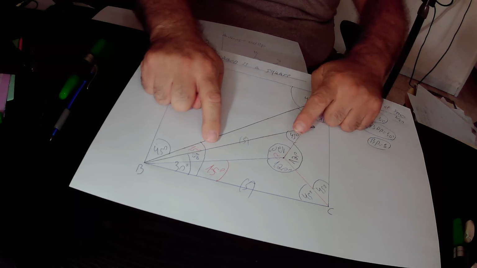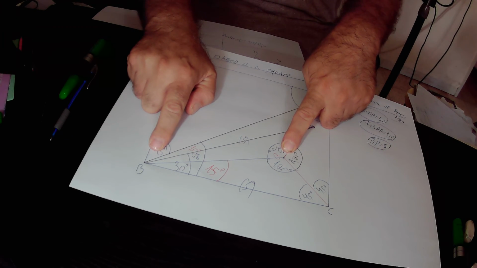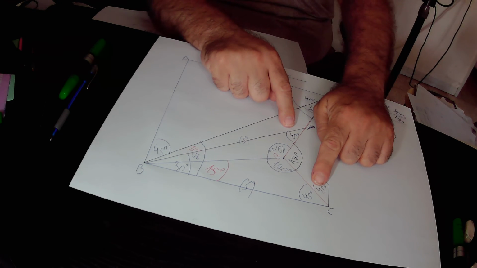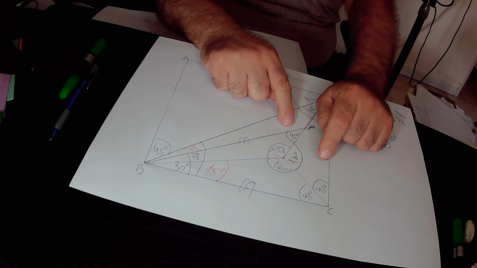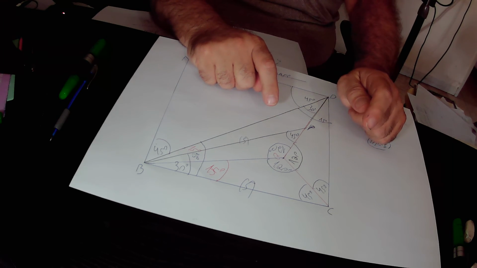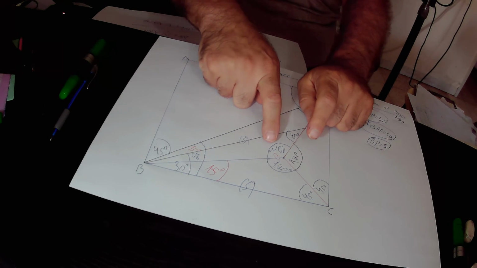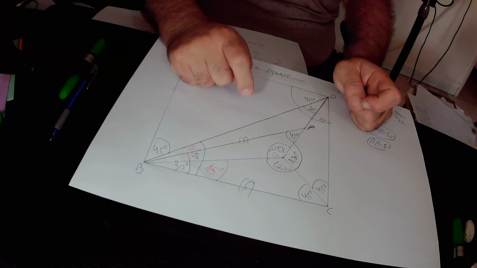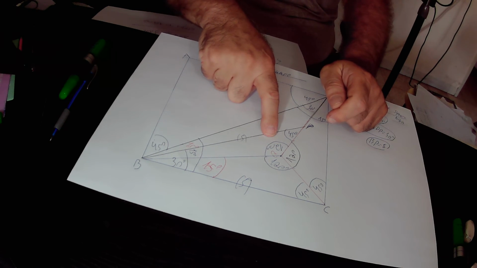In addition, QB is a common side that belongs to both triangles, so we can write down that QB equals itself as a common side that belongs to both triangles. And finally, those two angles are both equal to 45 degrees and therefore they are equal to each other. We also found out that this angle equals 120 degrees, so this other angle also equals 120 degrees.